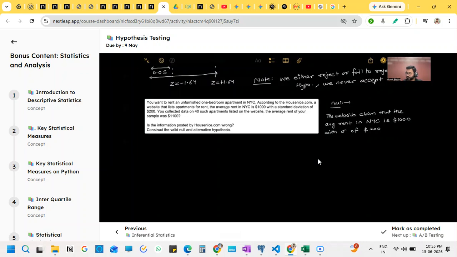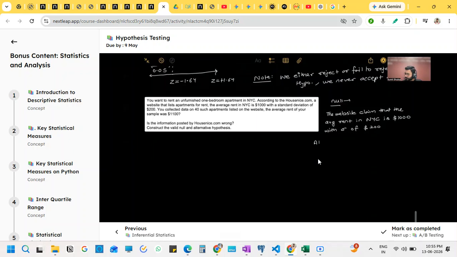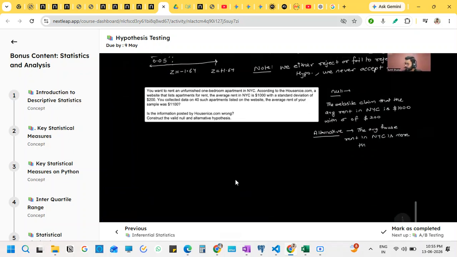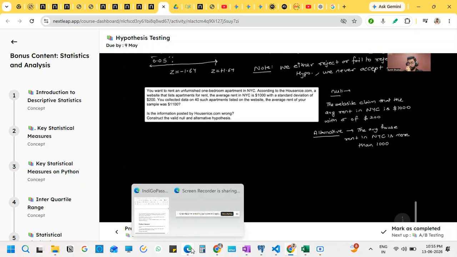You collected data of 40 such apartment listed. The average rent of your sample was 1100. Now your average was more than 1000, right? So what you want to prove, alternative, is that the average house rent in NYC is more than 1000. That's what you want to prove.